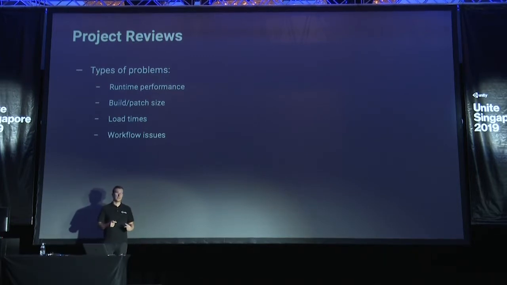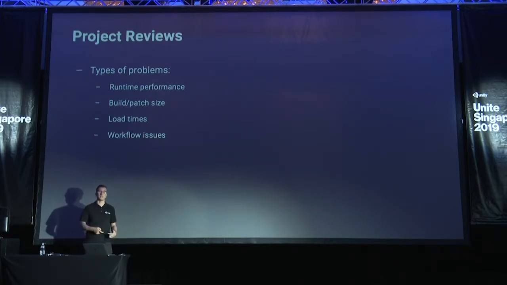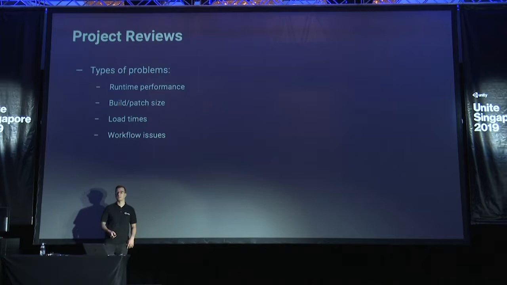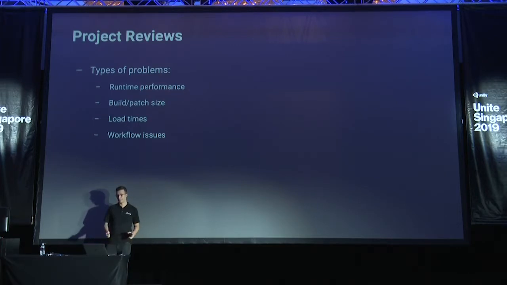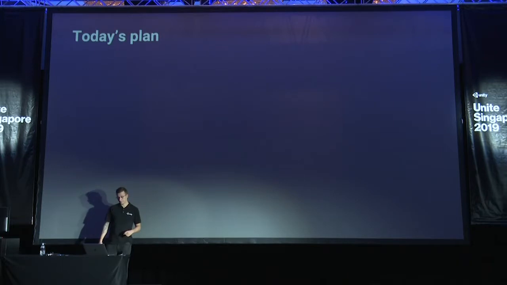So let's say some platforms like iOS App Store or Google Play Store have some limitation on your APK size, or maybe you create a Nintendo Switch game and your patch has to be below 500 megabytes. There are quite a lot of limitations that need to be met. And of course, loading time, we don't want our levels to take for ages to load, and some workflow issues that slow down our development process.